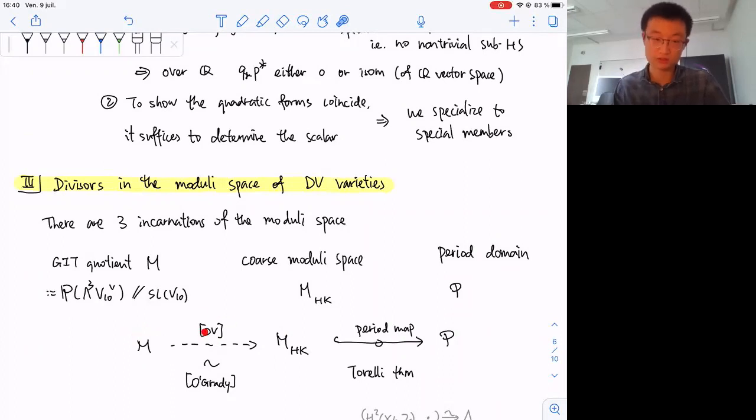This is a construction by Debarre-Voisin, and it was shown by O'Grady that the 2 spaces are birational. And here we have a period map that maps a hyperkähler to the Hodge structure on its H2. By the global Torelli theorem, this is an open embedding. So basically, we have 3 spaces that are all birational.